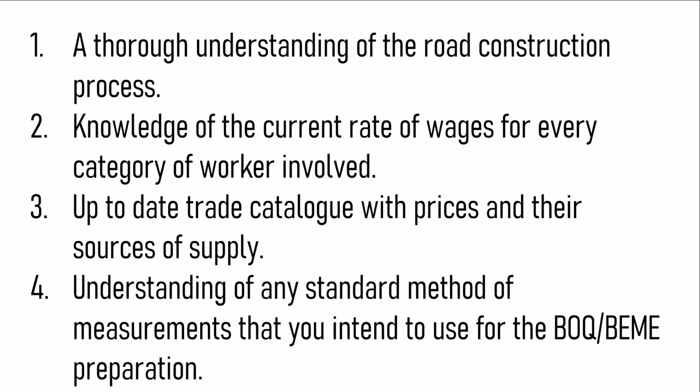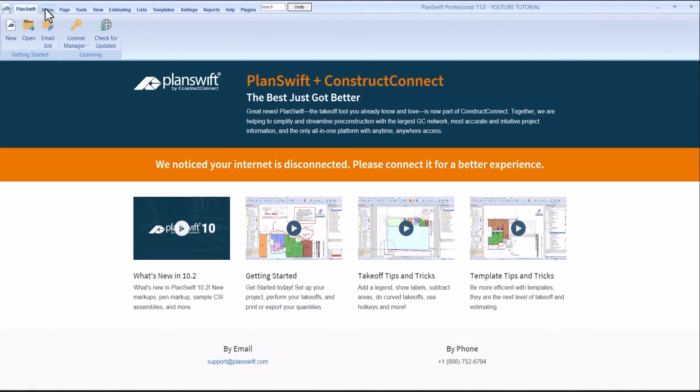We'll have a separate video on how to create and generate your rate analysis for civil engineering works, an up-to-date trade catalog with prices and their sources of supply. And another most important thing is the standard method of measurement you intend to use for the preparation of your BOQ. All these things need to be put in place before you pick any civil engineering works.